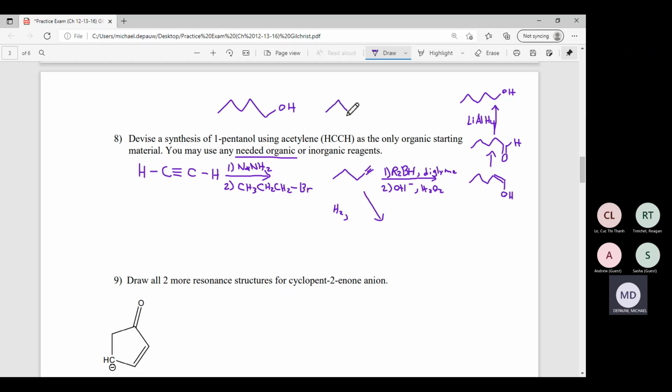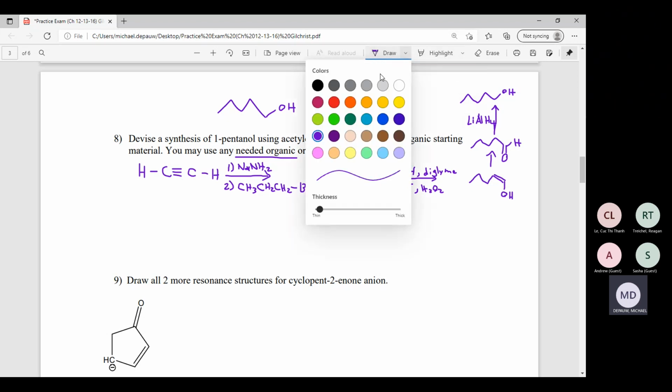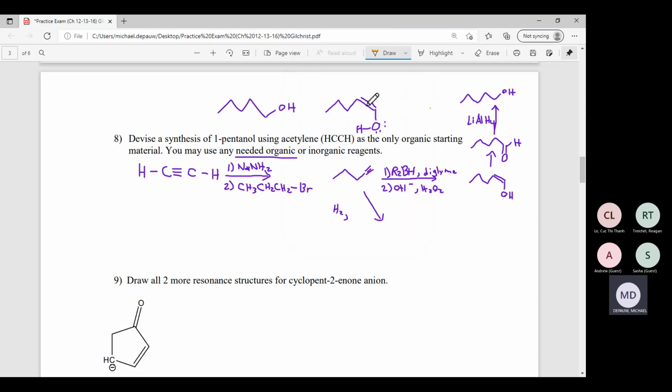Basically, if you're looking at this double bond, we've got our O and our H here. It's this kind of internal reaction that occurs. It's a little weird, but basically the double bond electrons come and grab this hydrogen.